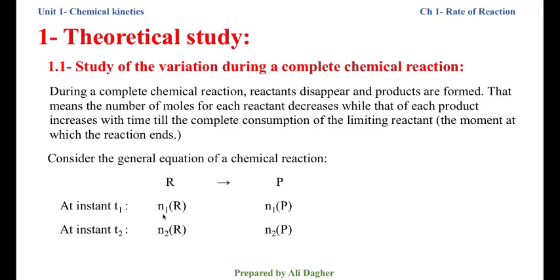Reactants disappear, so the number of moles decreases with time; therefore N2 is less than N1 for the reactant. For the product, the number of moles increases; therefore N2 is bigger than N1. The variation N2 minus N1 is negative for the reactant and positive for the product.